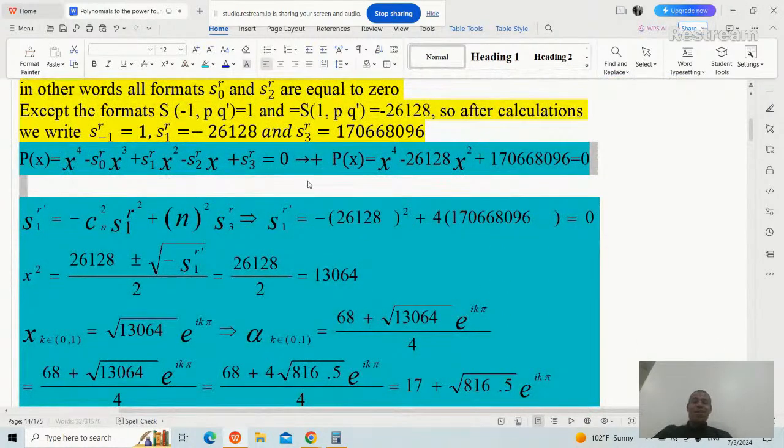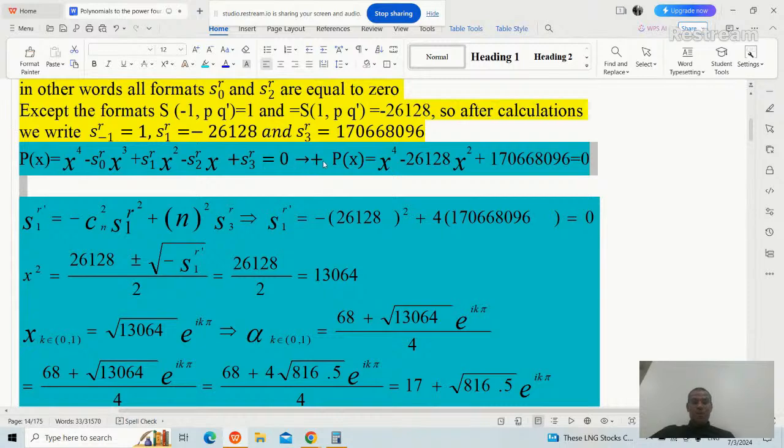As I calculated the value of S(k minus 1) of order r when k belongs to the set of numbers from 0 to 4 minus 1, to 3, I got my new polynomial. I can write p of x equals x raised to the power 4 minus s0 of order r x raised to the power 3 plus s1 of order r x raised to the power 2 minus s2 of order r x plus s3 equals 0.